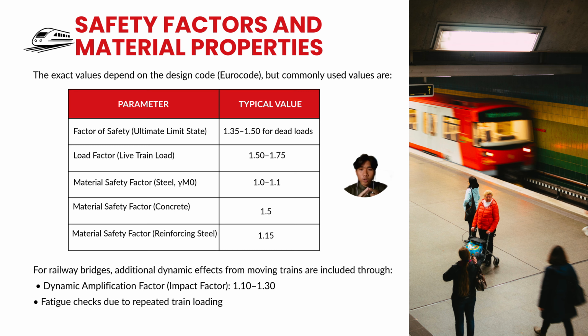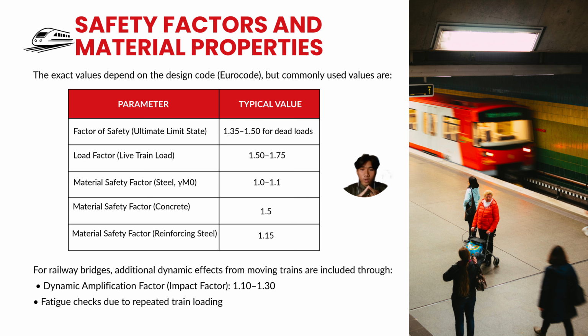For the factor of safety, ultimate limit state, the typical value is 1.35 to 1.50 for the dead loads. For the load factor, live train load, the typical value is 1.50 to 1.75. The material safety factor gamma M0 is 1.0 to 1.1.